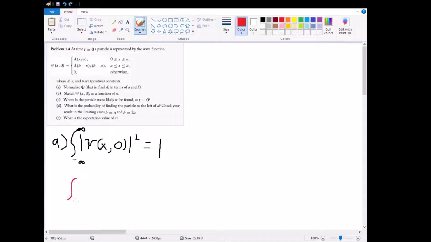So the integral from 0 to a of A squared times x squared over a squared dx, and then we add on our second piecewise integral, from a to b, of A squared times (b minus x) squared divided by (b minus a) squared dx.